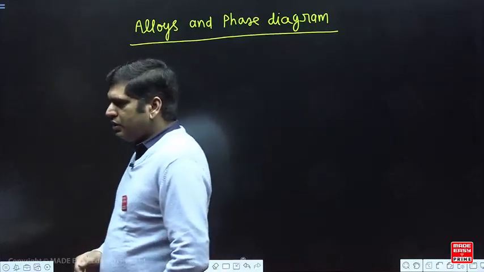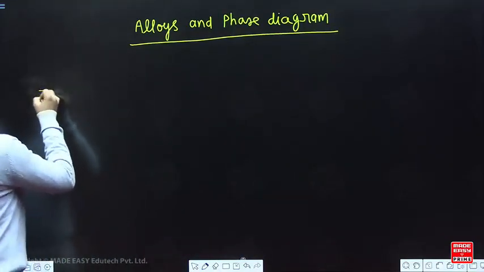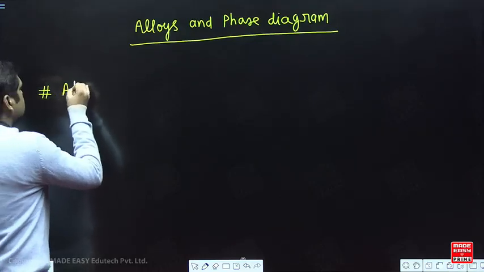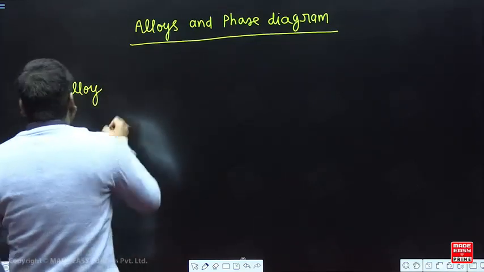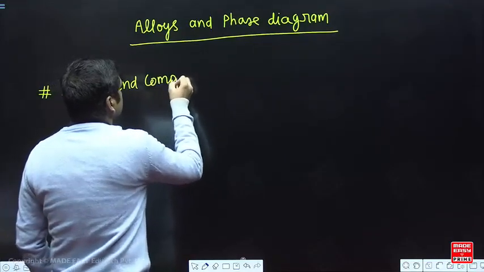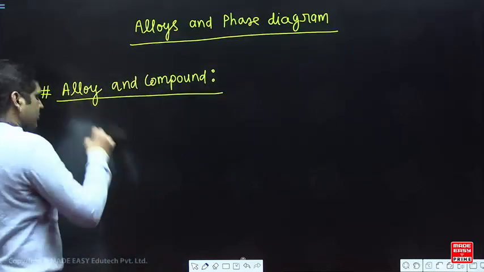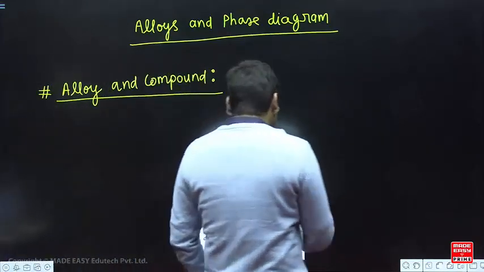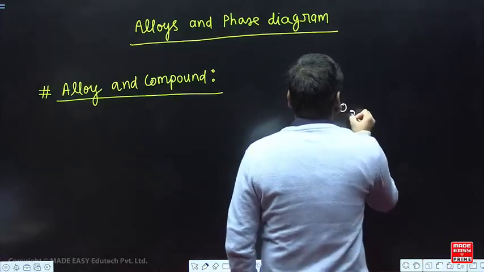So let us go to the first heading in this chapter. The first heading is alloy and compound. When we mix 2 elements, let us suppose we are mixing hydrogen and oxygen.